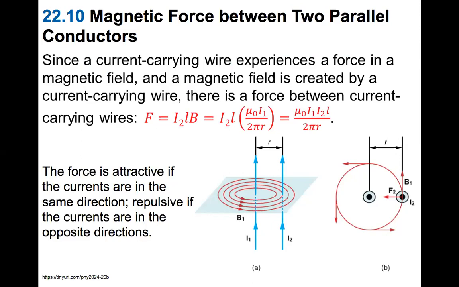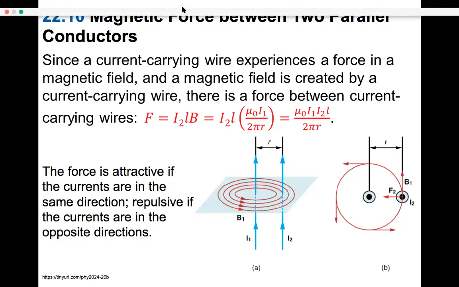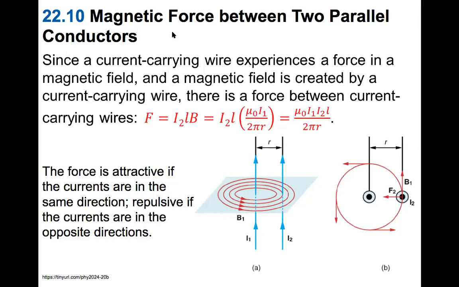Up to this point, we know that if you have a current carrying wire, it produces a magnetic field. Imagine you have two wires parallel to each other.